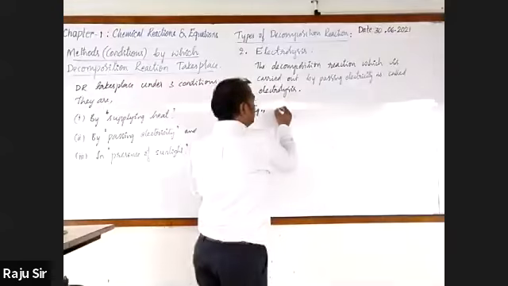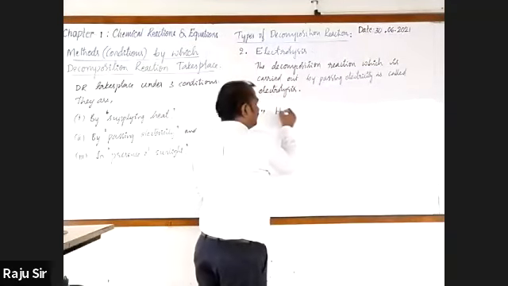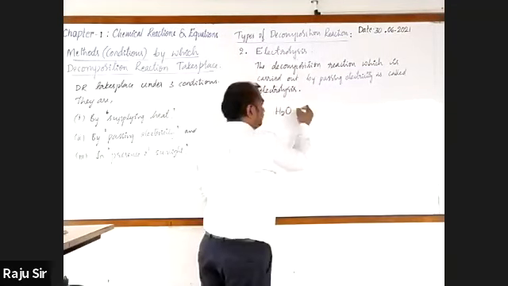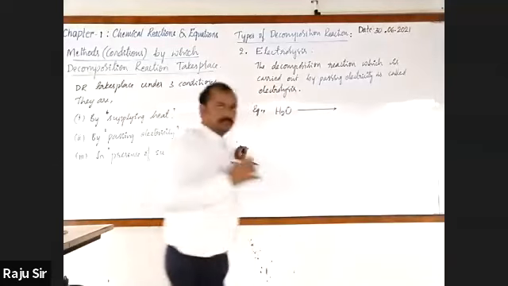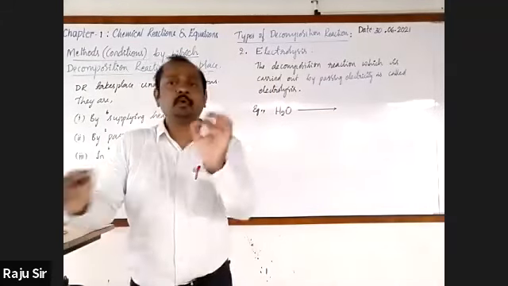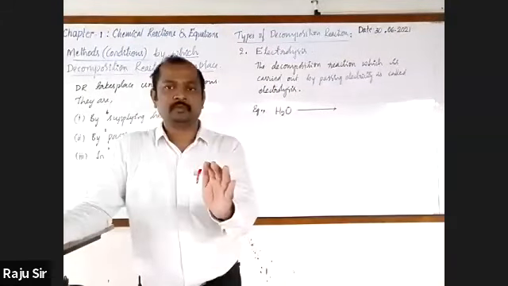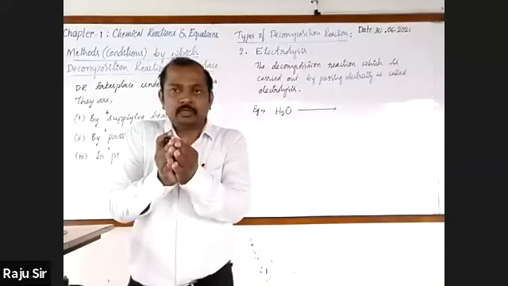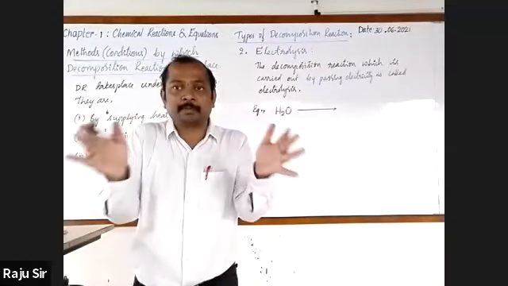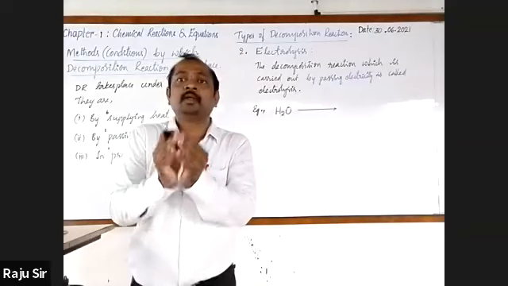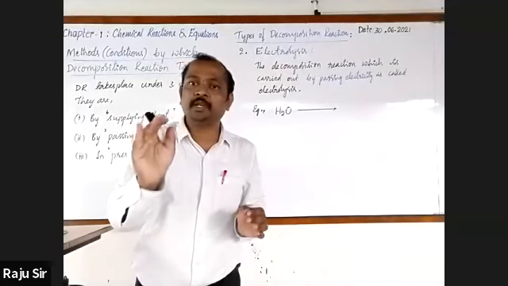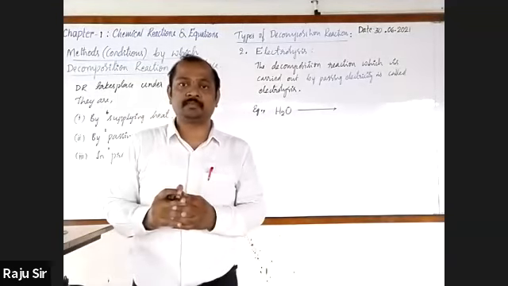Electrolysis of water. We will take acidified water. You know the reason for this. If we take only distilled water, we find it difficult to separate it. Distilled water is free from salts and minerals.